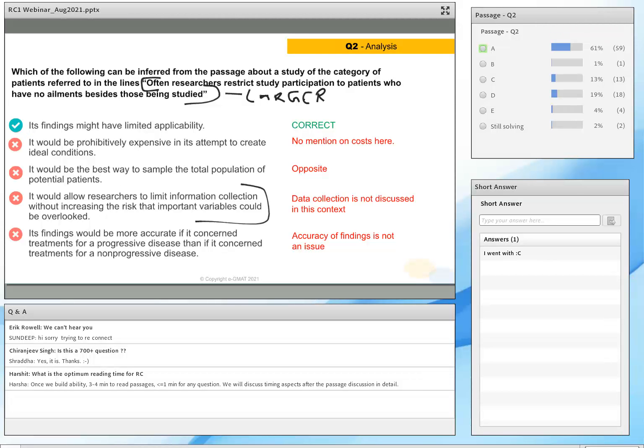Remember, it appears in the second paragraph and it talks about why it was larger. But the talk about limiting information collection without increasing the risk that important variables could be overlooked has been mentioned in connection with making the clinical trials simpler.